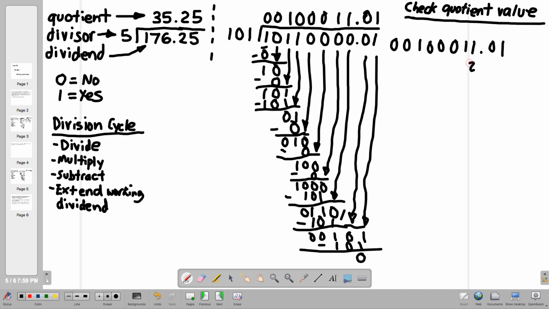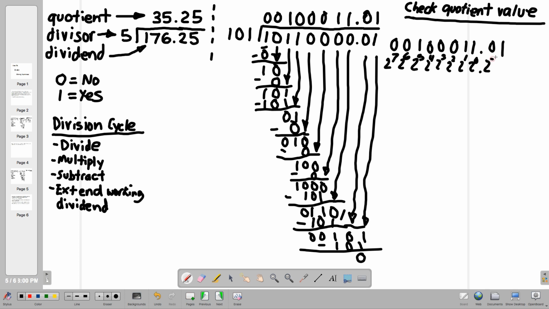Let's see what we have. 2 to the 0 power, 2 to the 1 power, 2 to the second, 2 to the third power, 2 to the fourth power, 2 to the fifth power, 2 to the sixth power, 2 to the seventh power. And as we say, anything to the right of the decimal point, we're going to have a negative exponent.